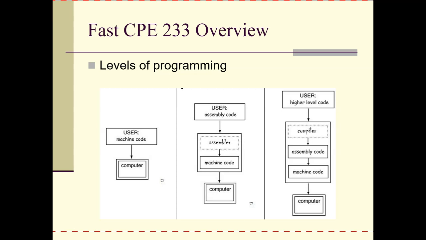There are 3 accepted levels of programming in the world. Essentially, computers are giant digital circuits, so the only thing they understand is 1s and 0s. 1s and 0s represent the machine code. Those 1s and 0s are once again going to control the flow of data through your computer. So we're not going to do that. That's too low level.